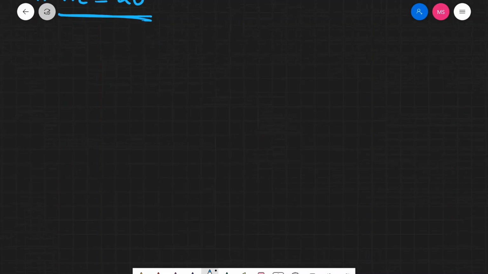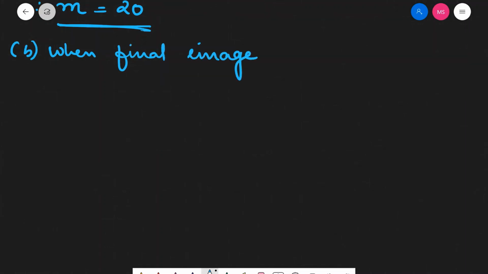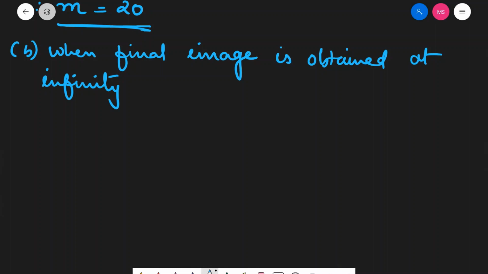Now for second case, that is when final image is obtained at infinity, then obviously VE will be equal to infinity, and FE already given as 6.25 centimeter.